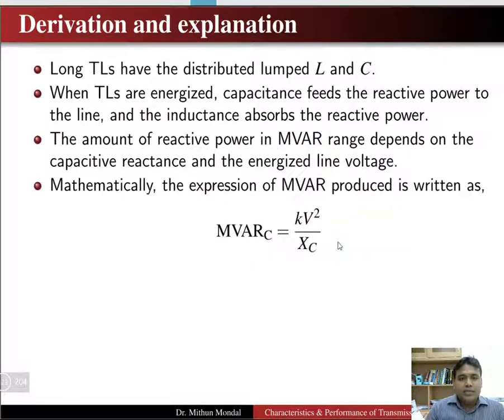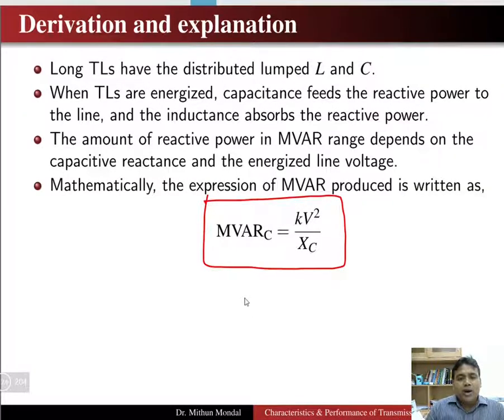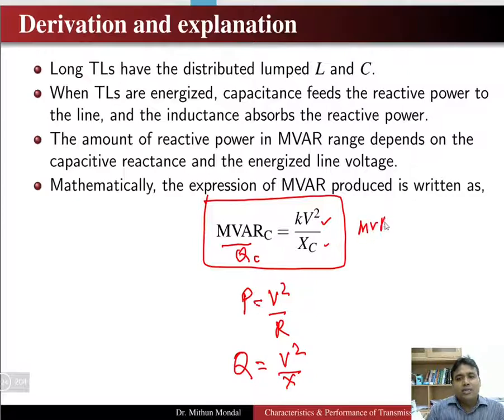Mathematically, this expression will be given in this form. We know that power is equal to V square by R. So we can think of Q, that is the reactive power, as V square by X. That is the reason we can say that the megavolt ampere rating of the capacitance's reactive power is equal to kilovolt square by Xc. This will be given in unit as MVAR.